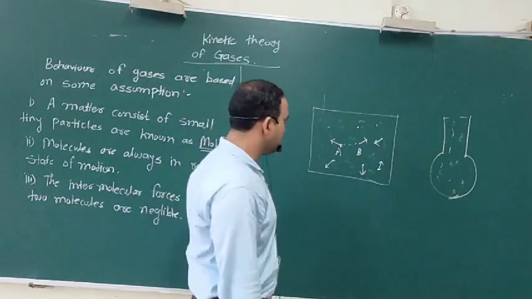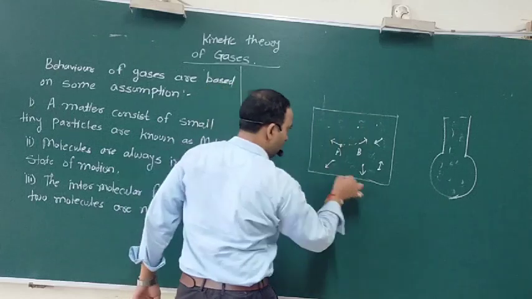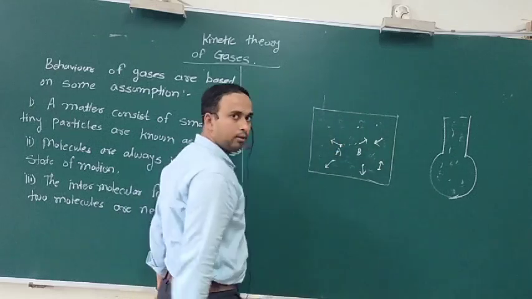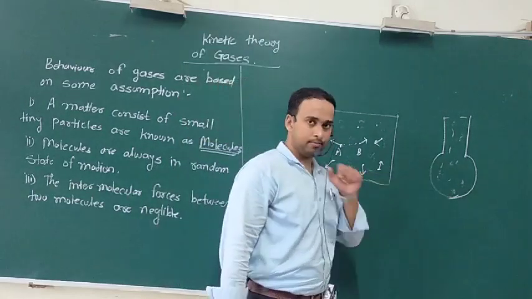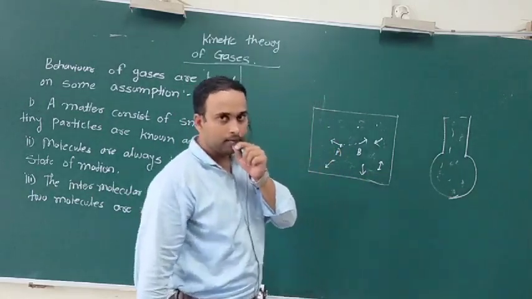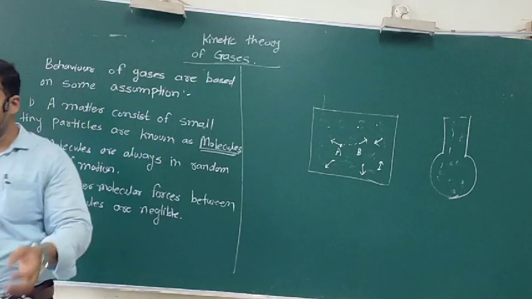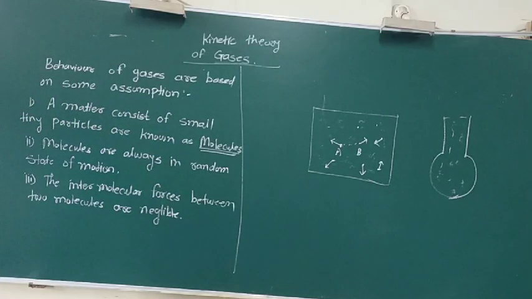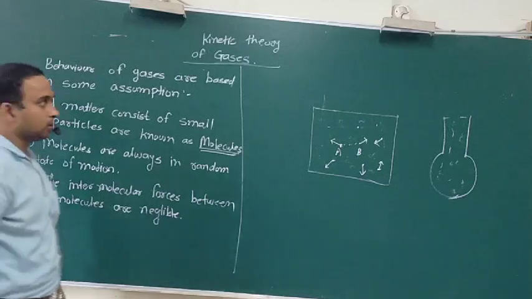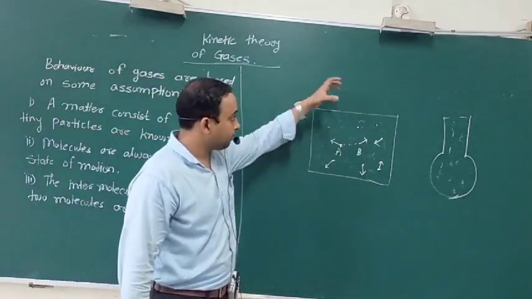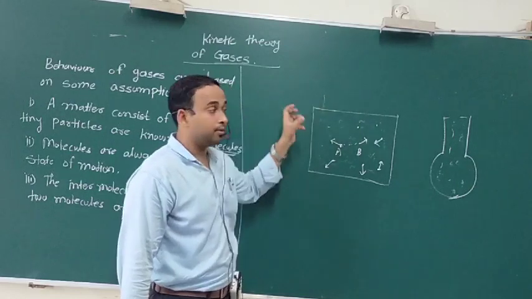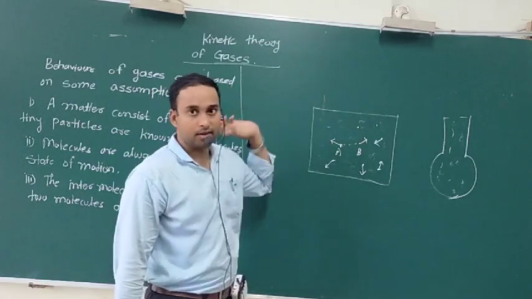Now see here, the shape of the gas is not the same. That means the gas molecules occupy the shape and volume of the vessel in which they are inserted.